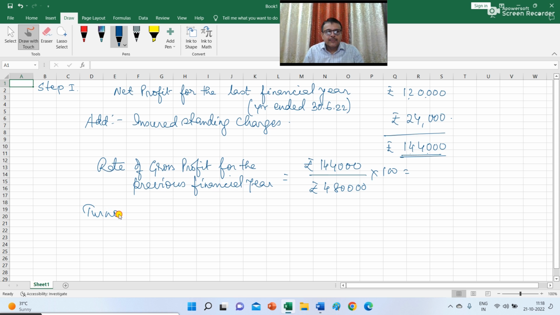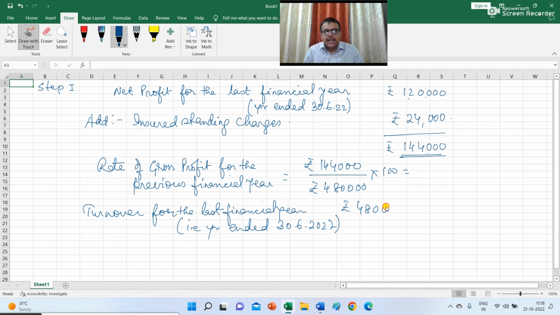Turnover for the last financial year, that is year ended 30th June 2022, is given as Rs 4,80,000. So the rate of gross profit for the previous financial year is calculated at 30%. So this is step number 1.